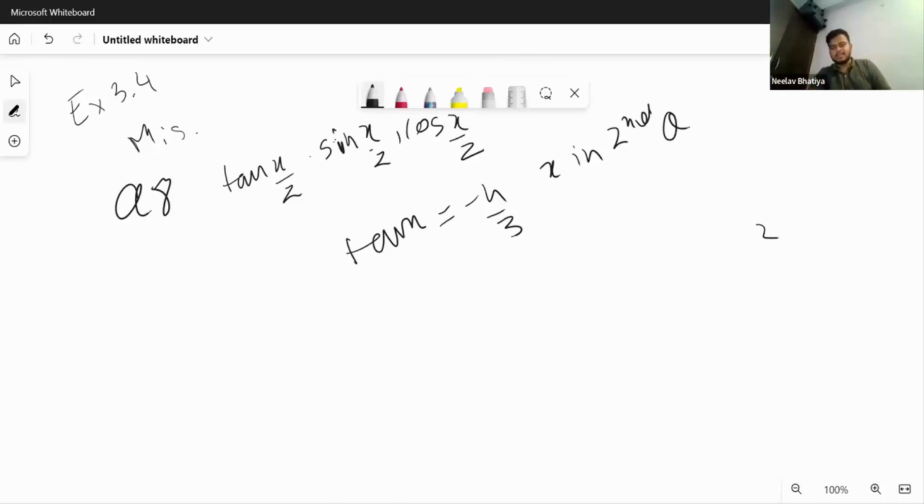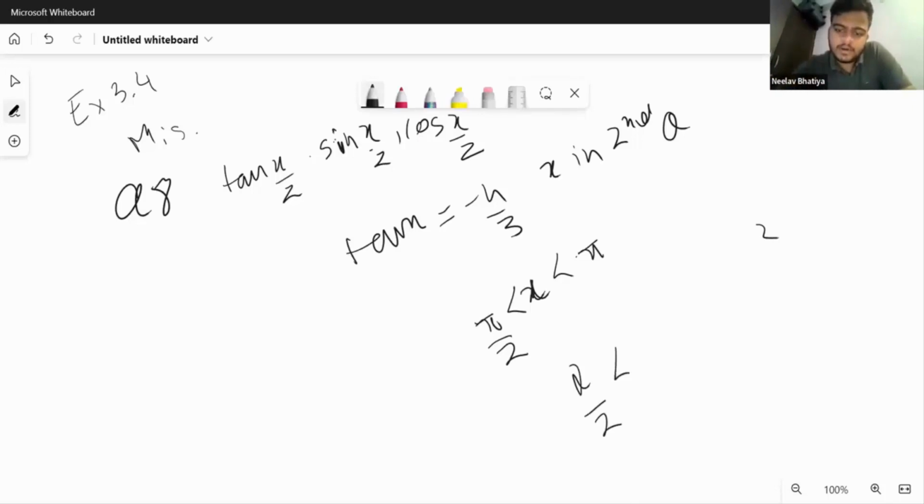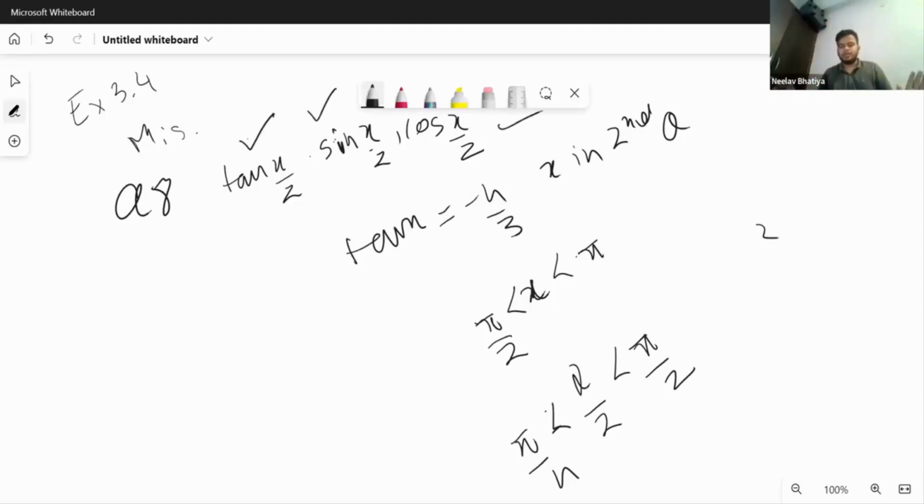Now, when x is in the second quadrant, can we write this? We can, right? Because x is in the second quadrant. So when x is in the second quadrant, x by 2 is in the first quadrant. If x by 2 is in the first quadrant, tan, sin, and cos all are going to be positive. No doubt in that, right?